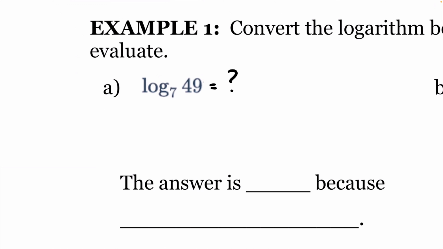Okay? So the 7 is down in the base, right? So 7 goes here. Next comes the exponent. That's the part we don't know. And the answer is 49.